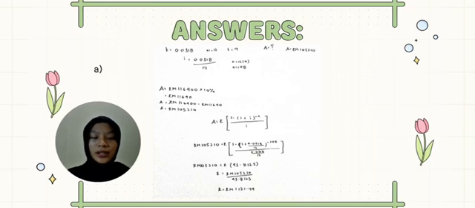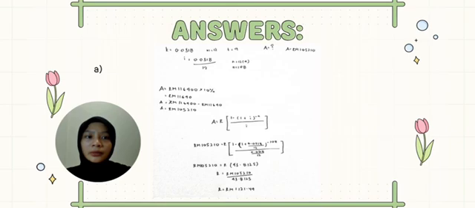The correct answer for A is 116,900 ringgit minus 11,690 ringgit. The value for A is 105,210. Now we can calculate the monthly payment.